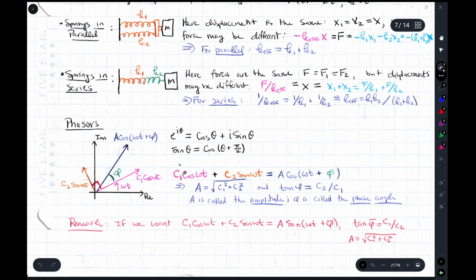Now, we want to relate everything relative to this cosine, so sine theta is cosine of theta plus pi over 2, and there you see a 90-degree angle, so that's how we represent the sine. So this phasor or vector in the complex plane represents sine omega t.